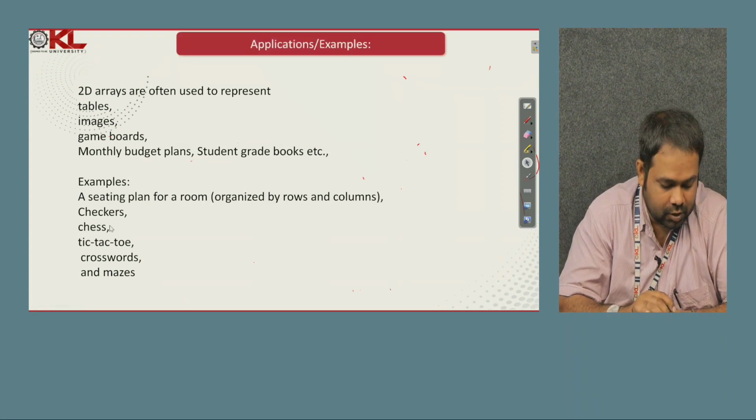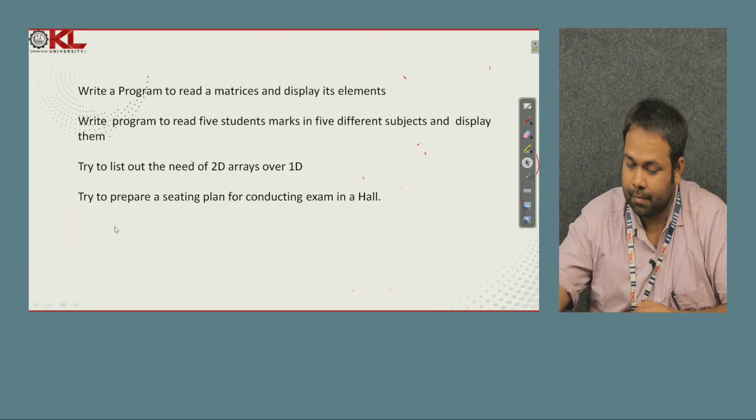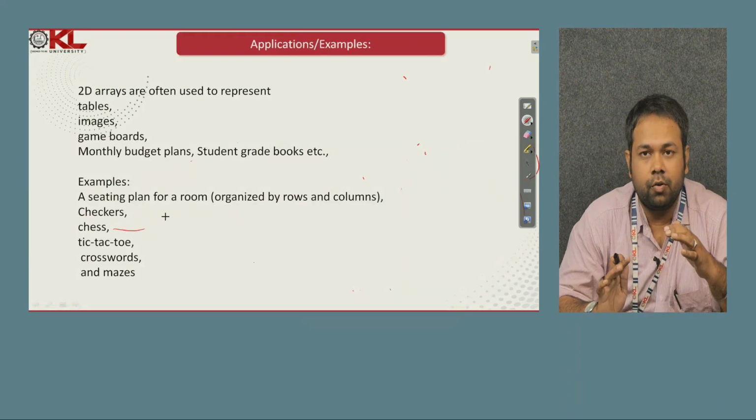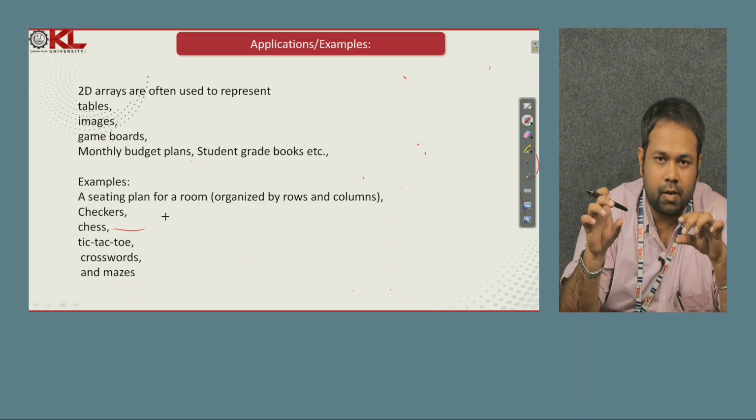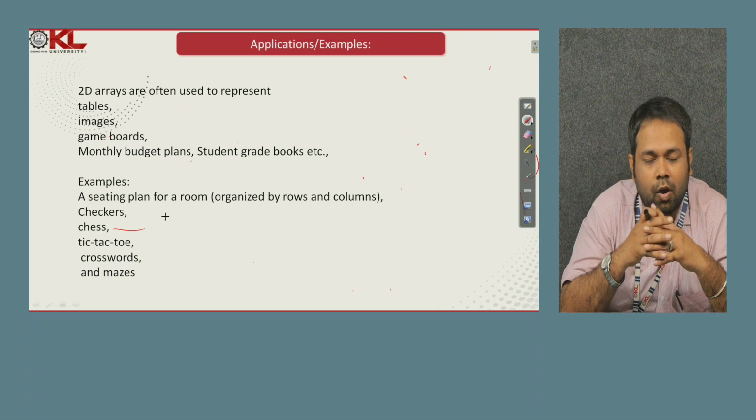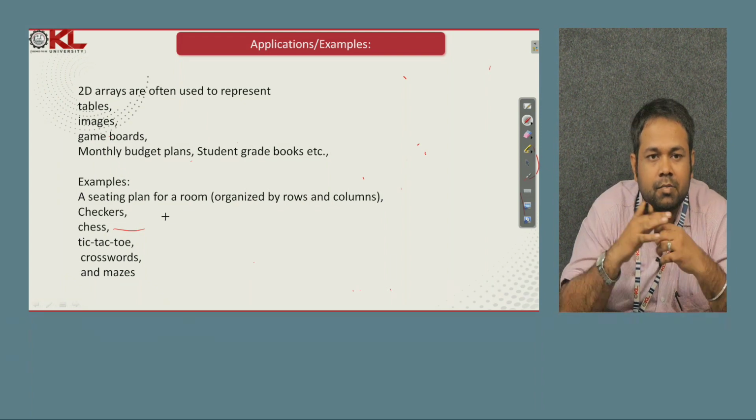Just look at that, chess is there. In a chessboard, you can see all boxes are available, white and black, two different color boxes. So if you look at it, 8 rows, 8 columns are there.